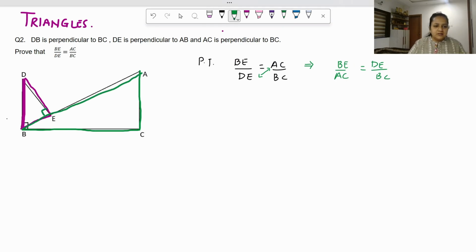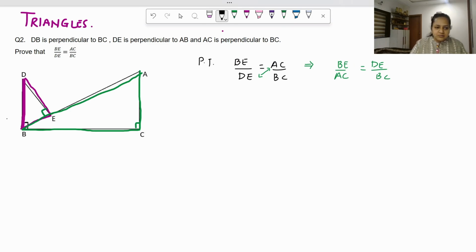Let's mark what we know. DE is perpendicular to AB, so angle E is going to be 90. Likewise, AC is perpendicular to BC, so angle C is 90. But we do not have any other part similar, right? In that case, we'll look at what is common to the two triangles.